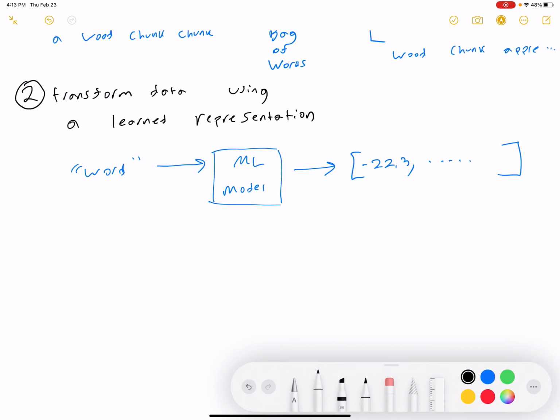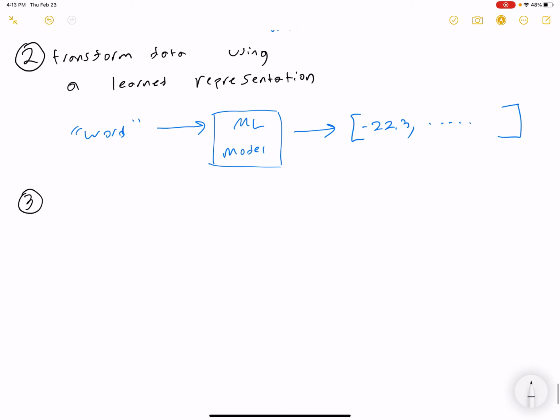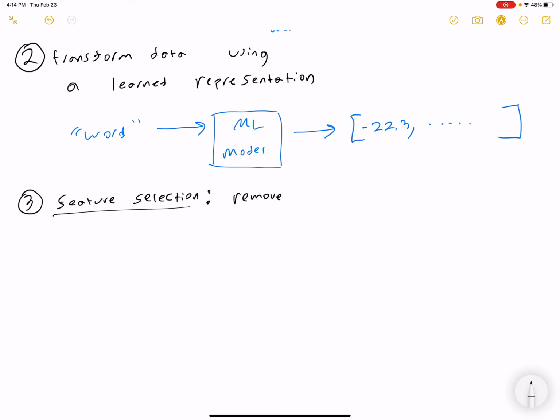The third approach is feature selection, which we'll start talking about next class. Feature selection is where we remove unimportant inputs to the model.